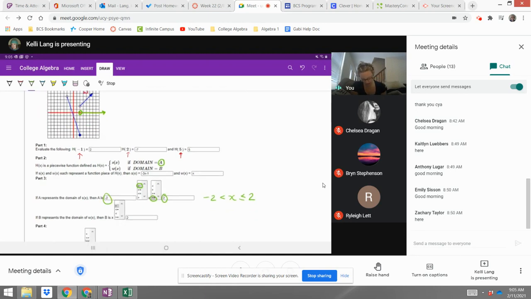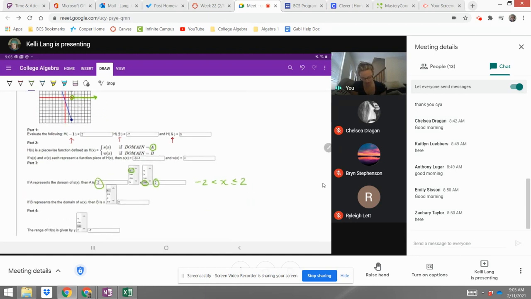You could write this in two ways. You could write 2 is less than x is less than infinity, or you could just write x is greater than 2, because it's understood that if x is bigger than 2, x will keep going all the way up to infinity. Either of these would be appropriate, but it looks like here they want you to write x is greater than 2.